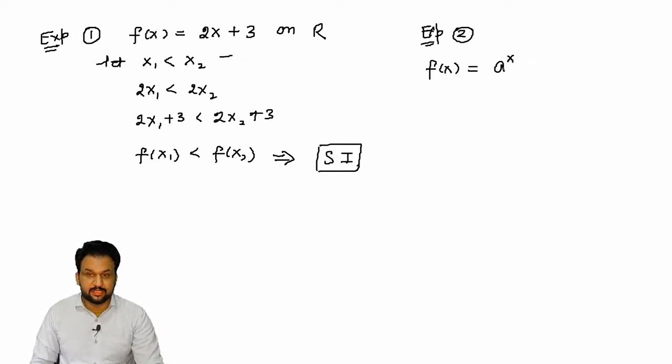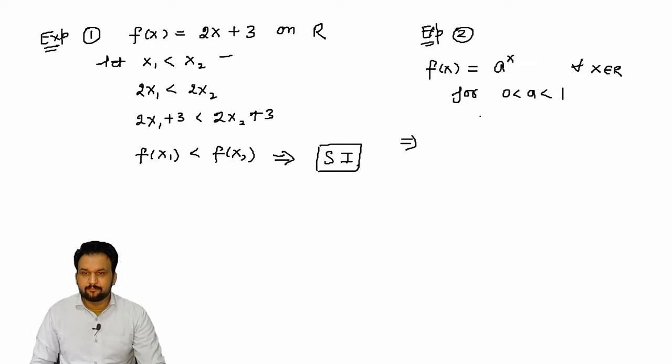If a is negative, the result will change, but here I'm just taking a greater than 0 and less than 1. And here, for all x belonging to R, I'm just taking the set of real numbers.